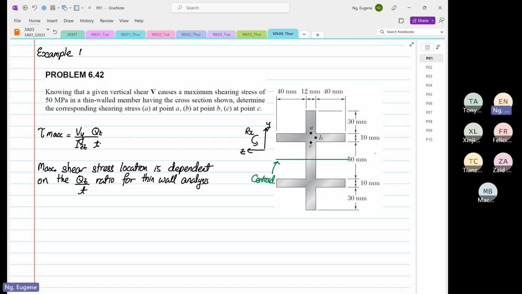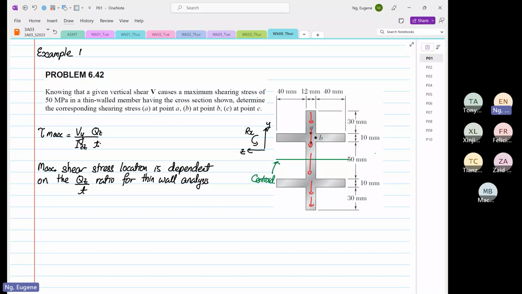Okay, so now we know that. So we're going to design the shear flow, as we already know that the web, the major web, controls the shear flow. Okay, so this is our major web. And I tend to do this, and it does not really matter whether you do inwards or outwards.